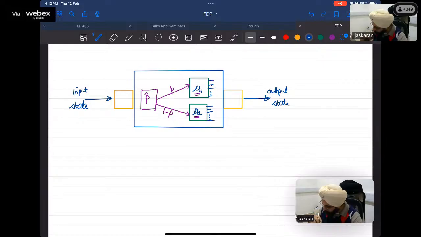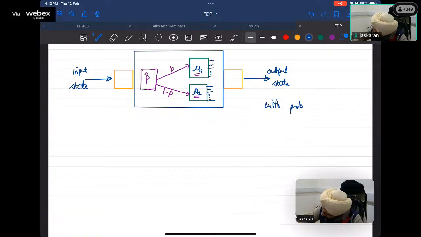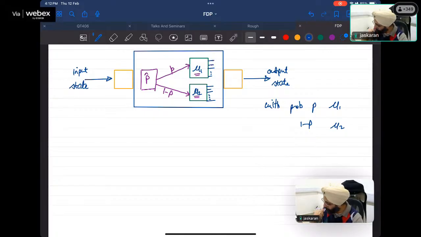So let me remind this again. With probability p, mu1 is implemented, and with probability 1 minus p, mu2 is implemented. Information about which of these measurements was implemented is not known to us. It is inside the black box and we cannot open the black box.